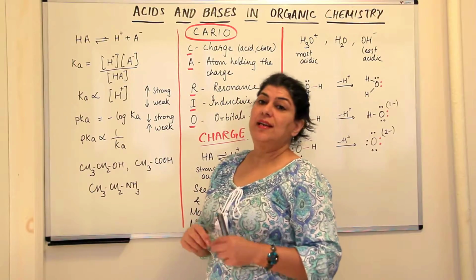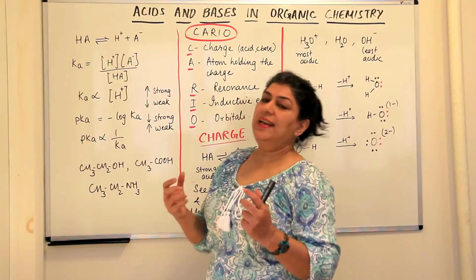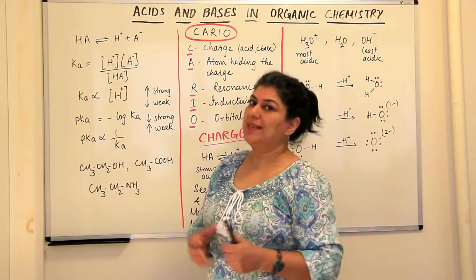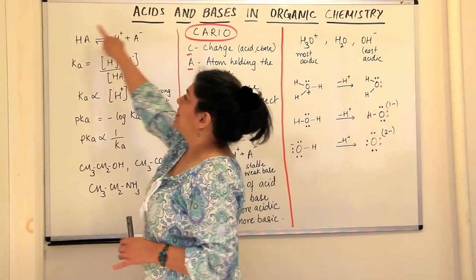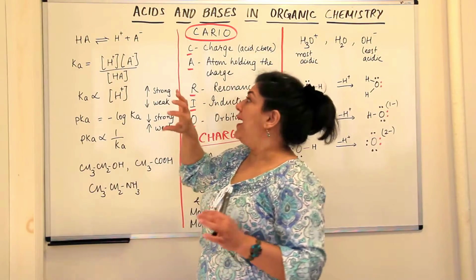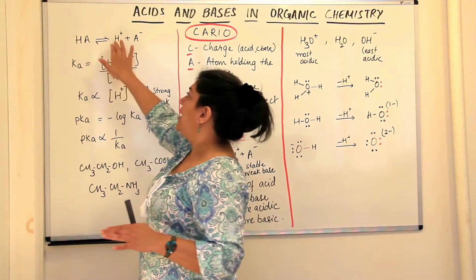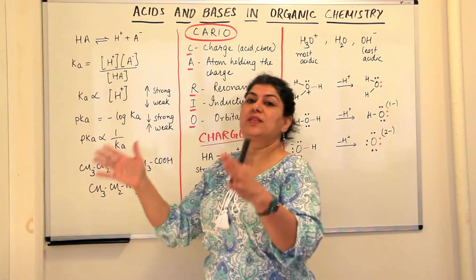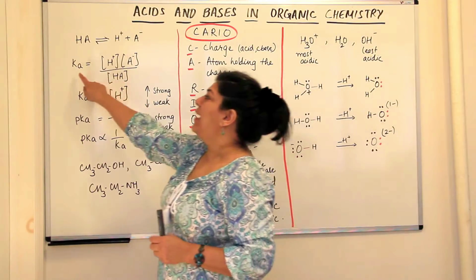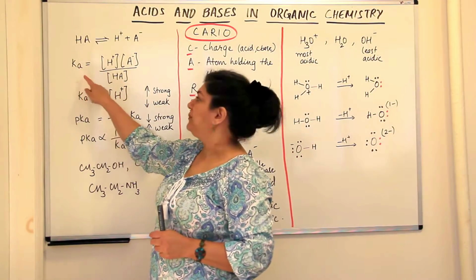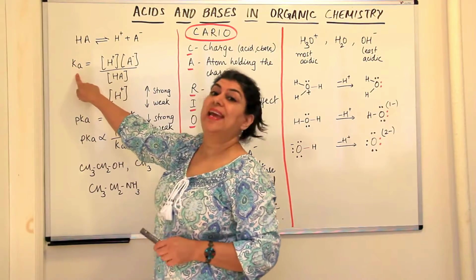Also, we studied that anything which is positive basically is an acid and anything which is negative would basically be a base. Now, in this equilibrium, the acid is dissociating, and the acid and the ions it dissociates into are in equilibrium, so we can have the equilibrium constant here, which is the dissociation constant of the acid, known as Ka.